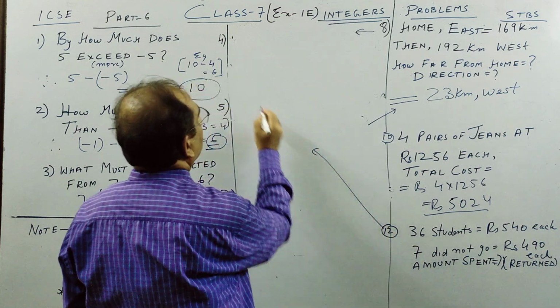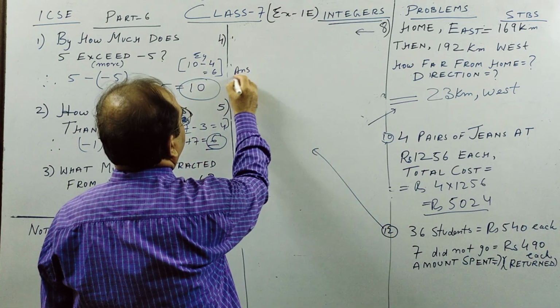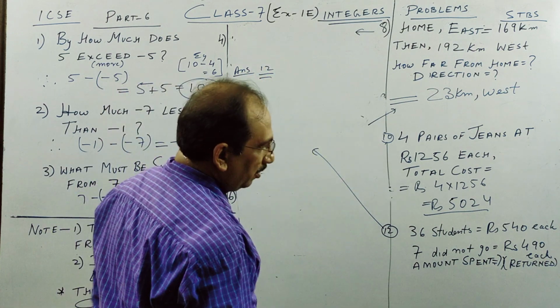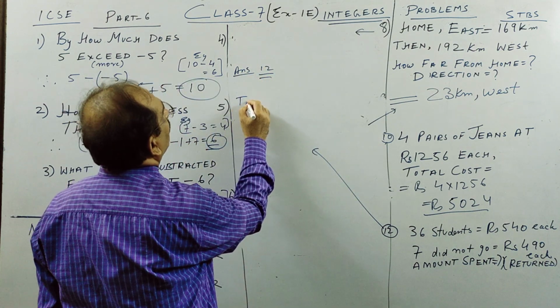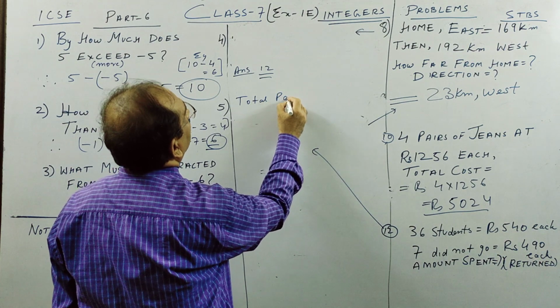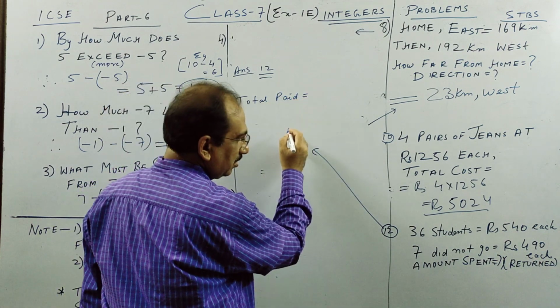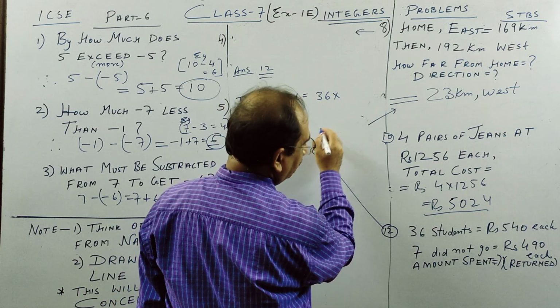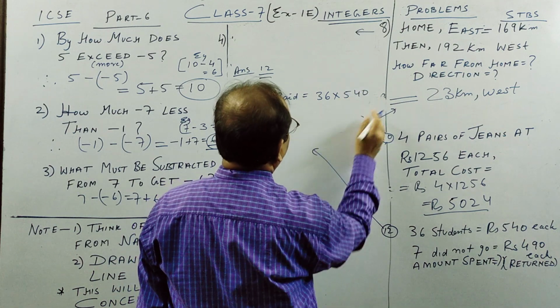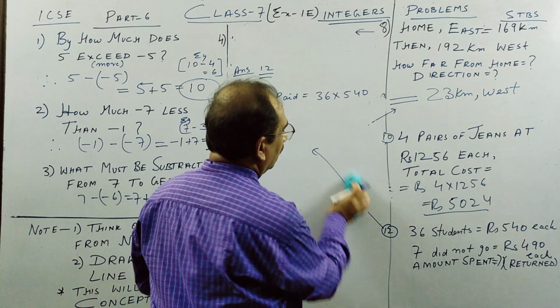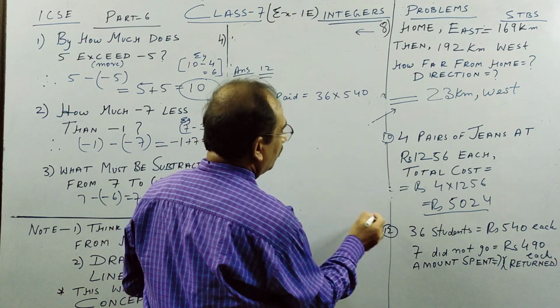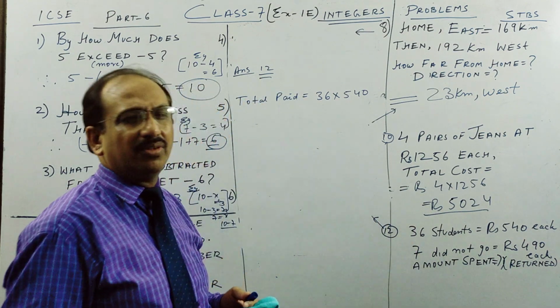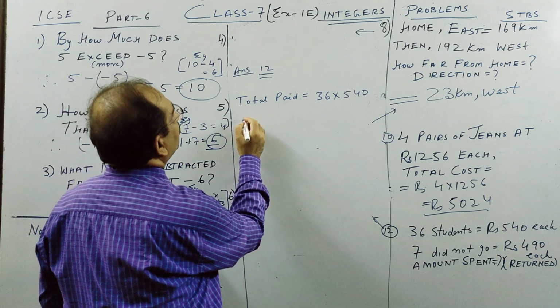See, here we have a simple multiplication sum, number 12. 36 students, they pay 540 each. So total paid is 36 into 540. Okay, so we multiply, but 7 students said we will not go, so their money was refunded.